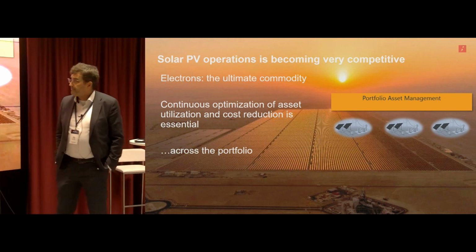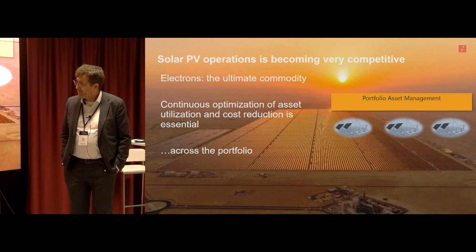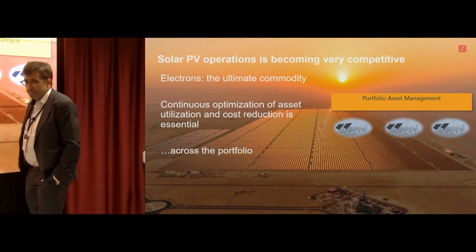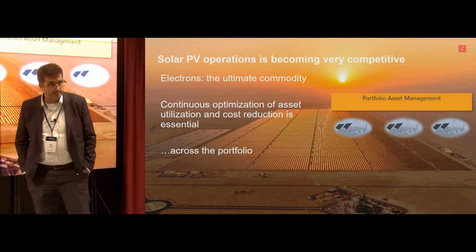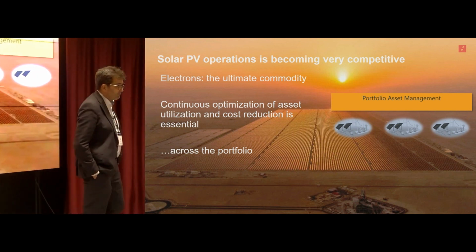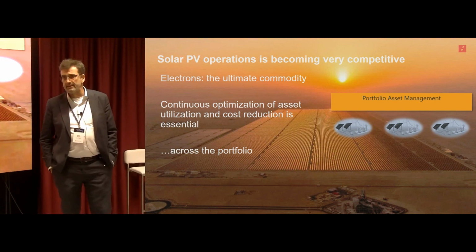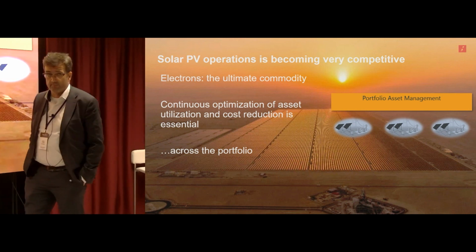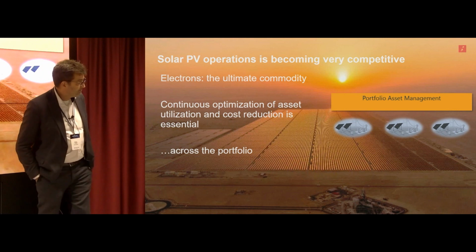It's the Benban Solar Park. When it was built in 2019, it was the biggest solar park in the world. Now it's not the biggest anymore. It's 1.8 gigawatts of capacity, so it produces the same amount of energy as the Aswan Dam in Egypt.